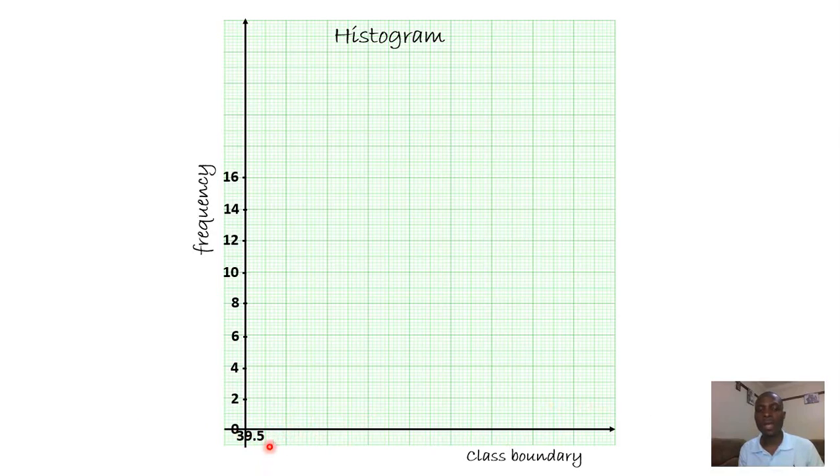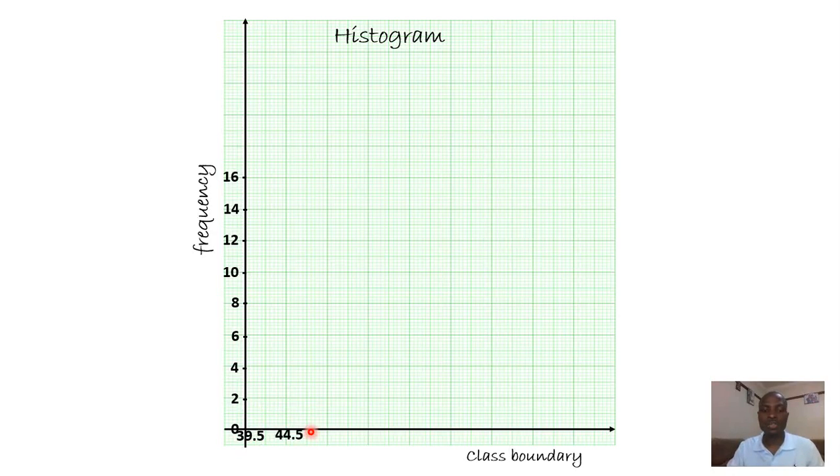So every class is going to be taking on 2 centimeters. So if this is 39.5, it's going to stop here at 44.5 at 2 centimeters. 44.5 is going to be there.